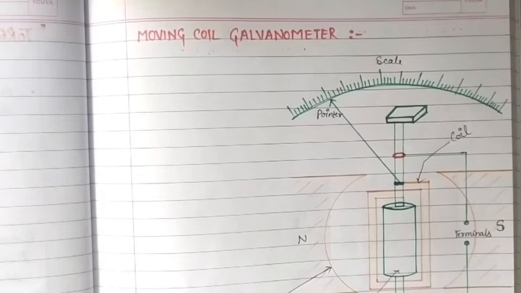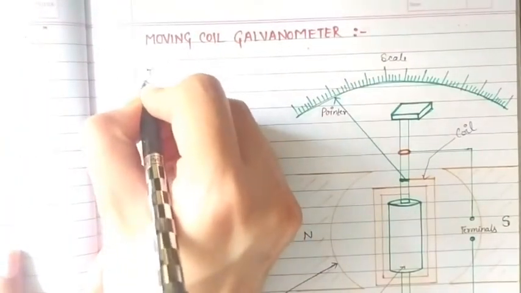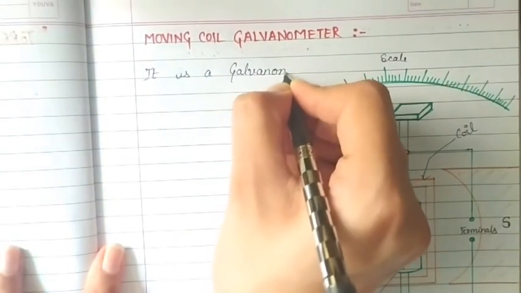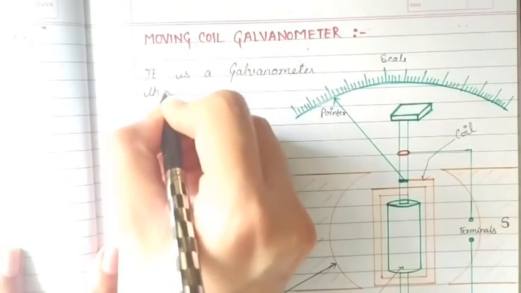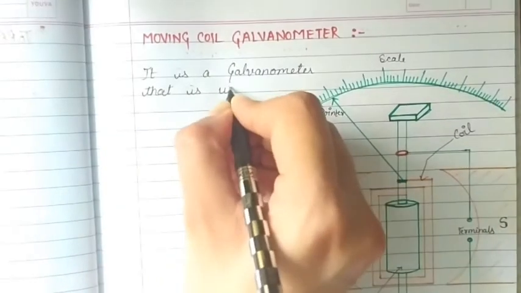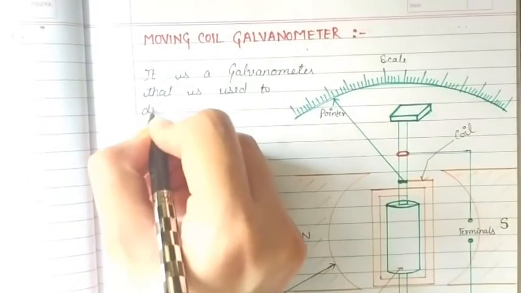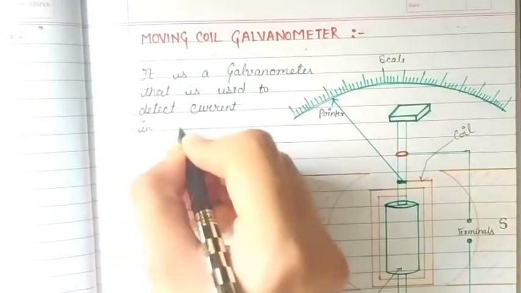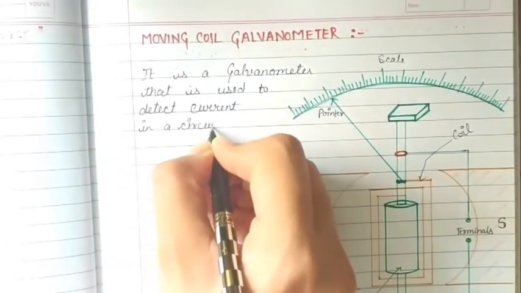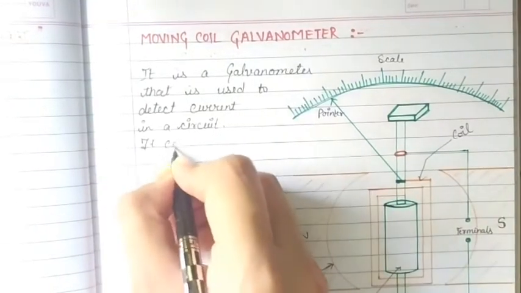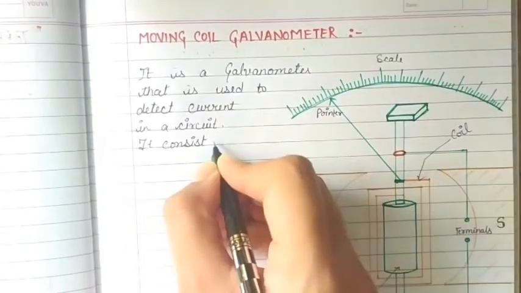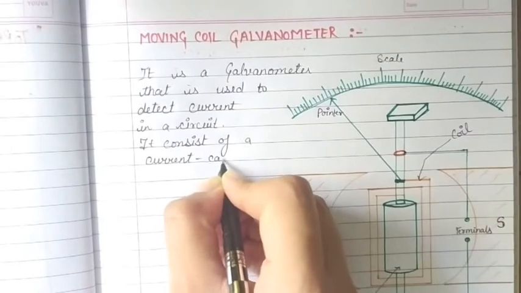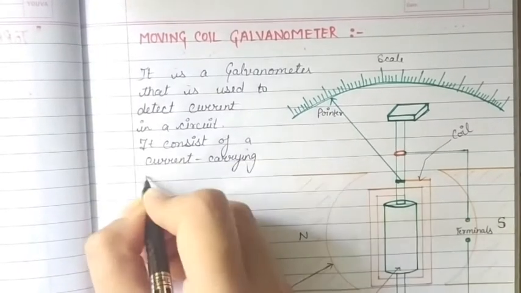So moving coil galvanometer, basically it is a galvanometer that is used to detect current in a circuit, and it consists of a current carrying coil.